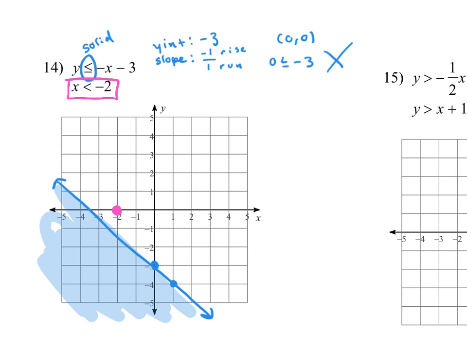So we go to this point and we put a line right down it. Should this be a solid line or a dotted line? Dotted. So we put a dotted line right through -2.